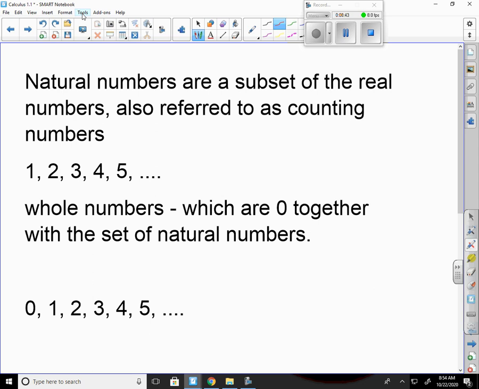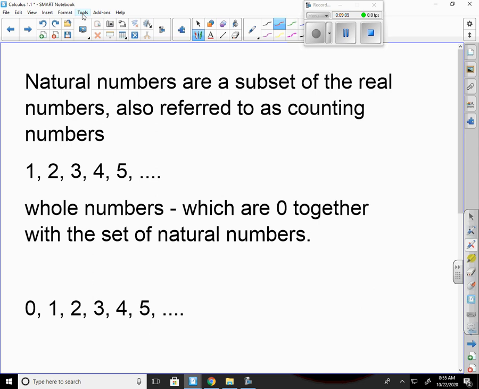Now, I think we've taught this every year since Algebra 1. Natural numbers are a subset of the real numbers. They're also referred to as counting numbers simply because these are the numbers that we started to count with. Whenever you were learning to count as a little baby, just sitting there counting, you didn't start with 0.